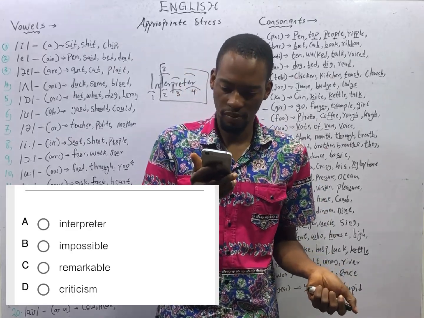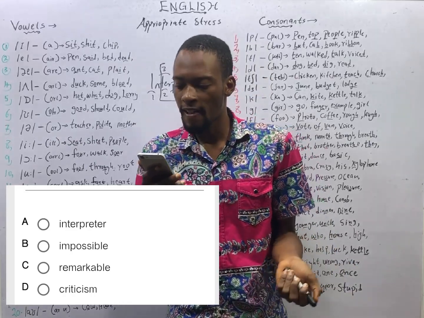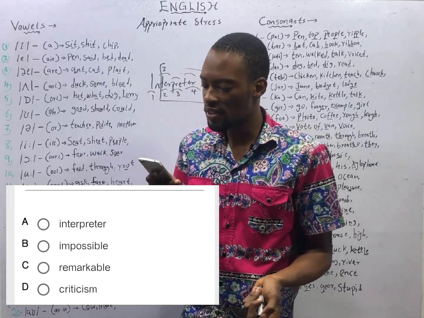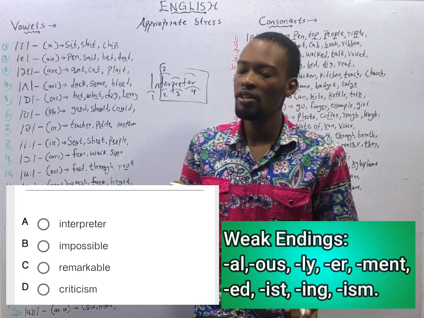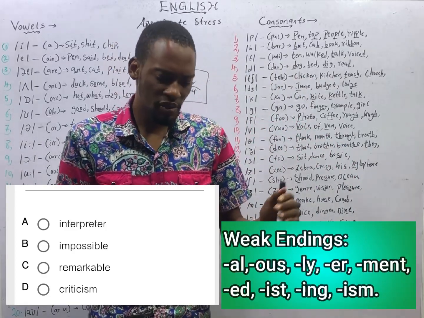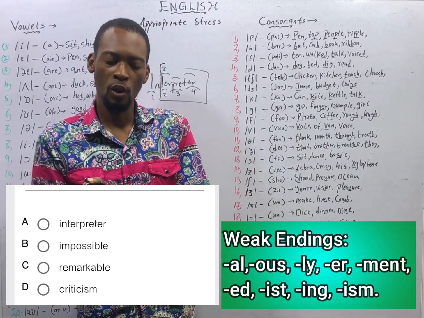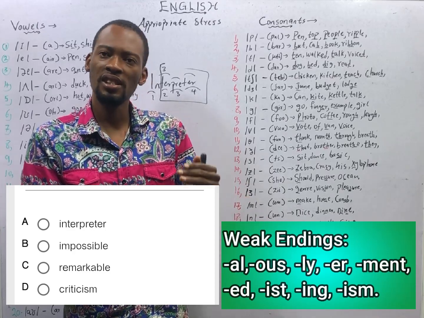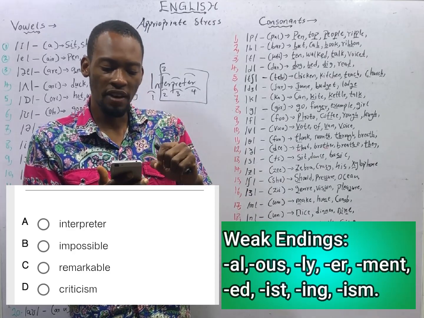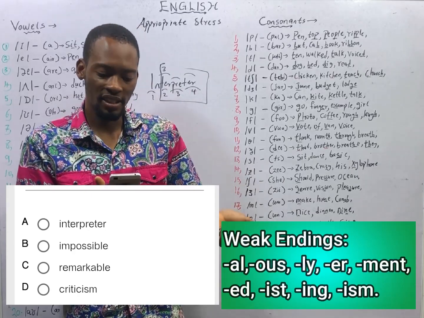Then criticism. Ic is a weak ending. Ism is a weak ending. Since it is a weak ending, we assume there is no ism. We are now stressing critic. Critic ends in ic. We therefore stress the syllable before ic.